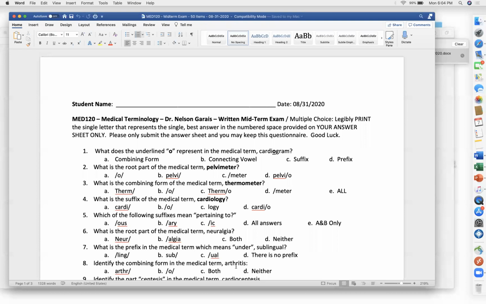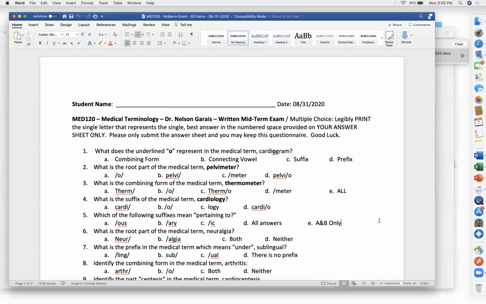So in the term arthritis, even though you don't see an O or a combining vowel, you're being asked the combining form. And a combining form is always some sort of root, which is arthr, the root of arthritis, and some combining vowel, which is 99% of the time O. So the best answer for identifying the combining form was C, both, for number 8.